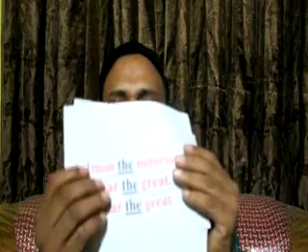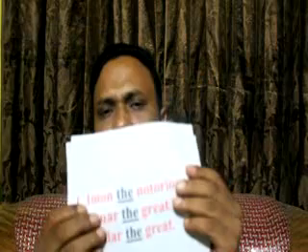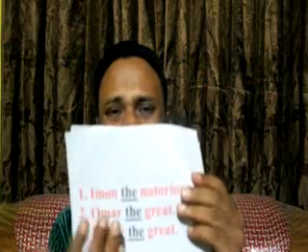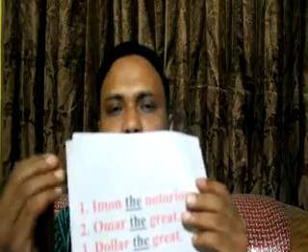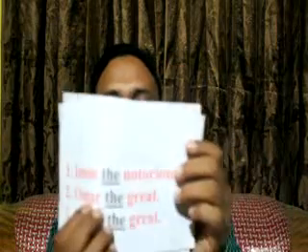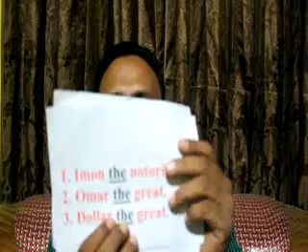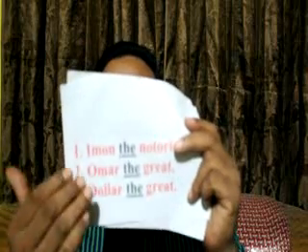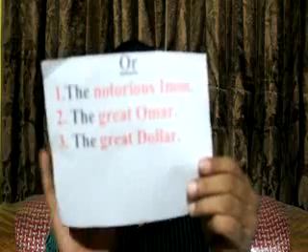In the first sentence we can notice that Imon is the proper noun, and notorious is an adjective, so we have to use the definite article between them. Next example, Omar the great, Dollar the great, the same thing happens in the last two examples. But simply we can also say the notorious Imon, the great Omar, the great Dollar.